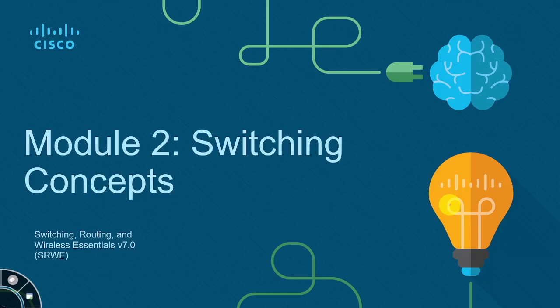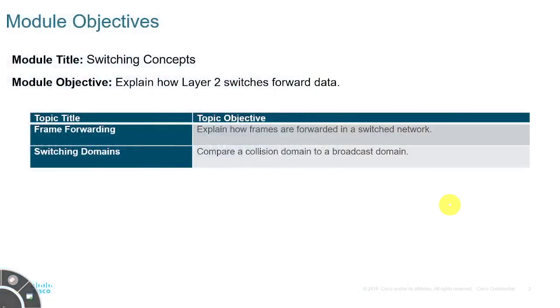Hello. In this lecture, I'm going to explain to you the switching concepts. So this module will, as I told you, explain the switching concepts. And after this lecture, we will learn how the switches work based on what we call MAC tables.